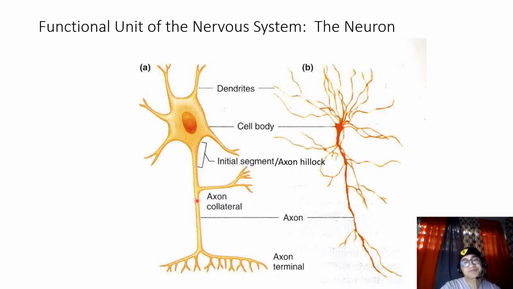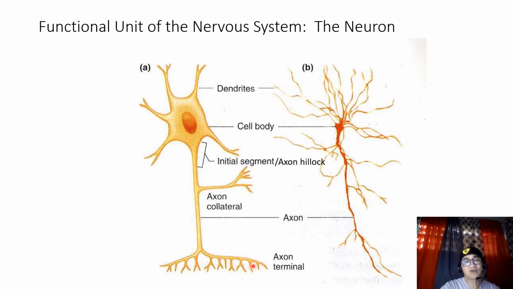The longer half or the longer portion of the axon is cylindrical, but towards the ends of this axon are arborizations or branchings that we call generally as the axon terminal.